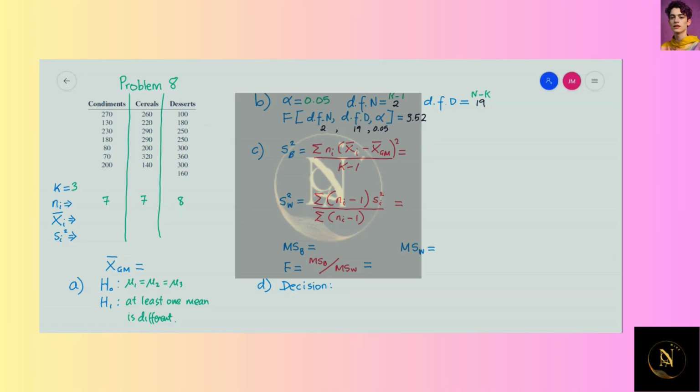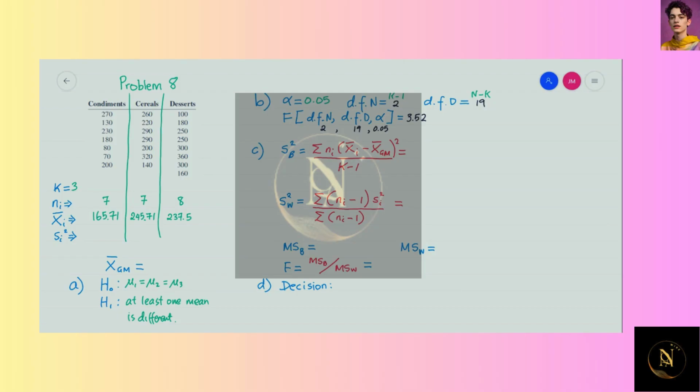When you work this out in your calculator, you'll find that the mean for condiments, x bar 1, is 165.71. For cereals, it is 245.71. For desserts, it is 237.5.